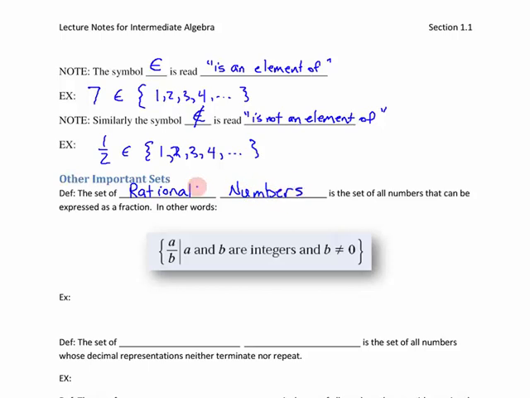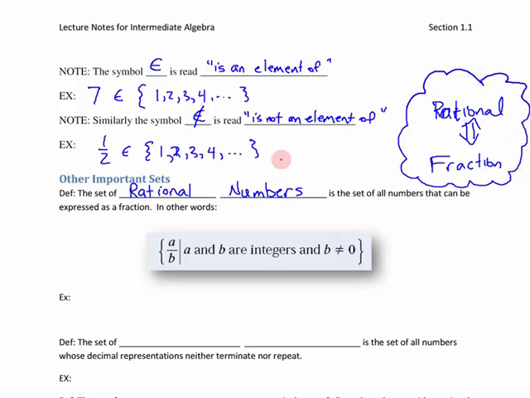When you see the term rational in mathematics, you almost always think fraction. Okay, so the rational numbers are the set of all numbers that can be written as a fraction. In other words, a over b, where a and b are integers and b is not equal to 0. We'll come back to why b can't be 0 in the next section.